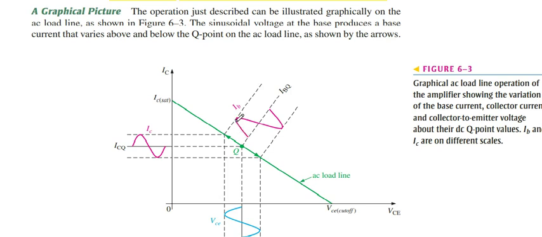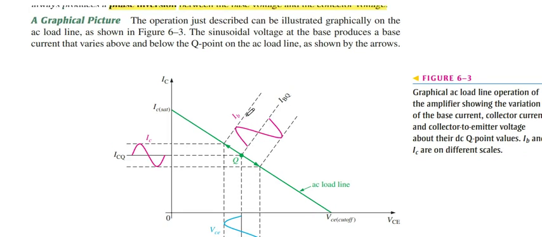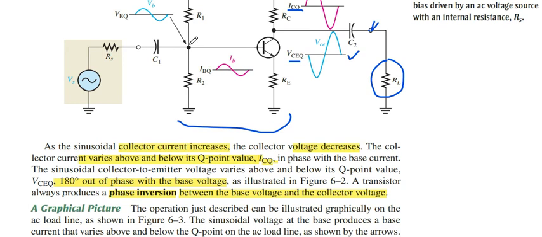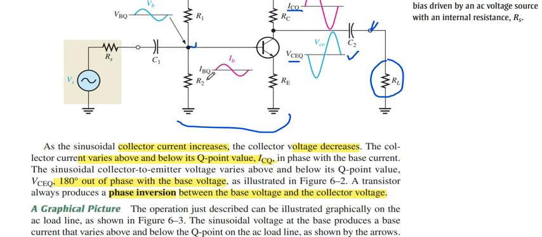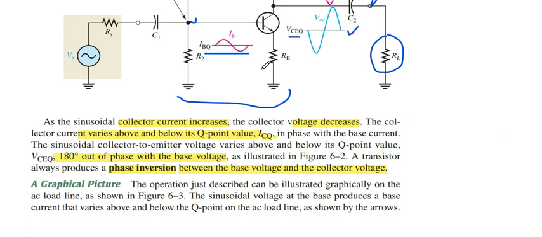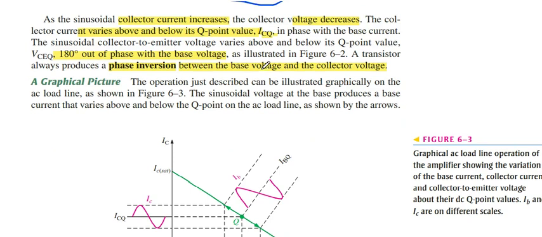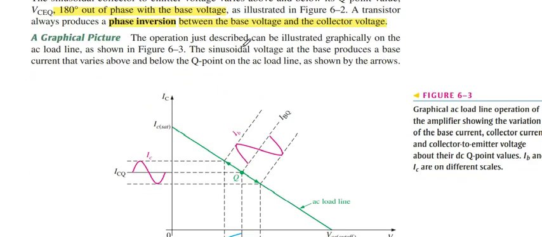There it mentions only what happens on the AC load line when IB increases or decreases, or when the current or signal is given to IB. At that point, when we give the signal, that is IBQ, the input voltage, the input current.